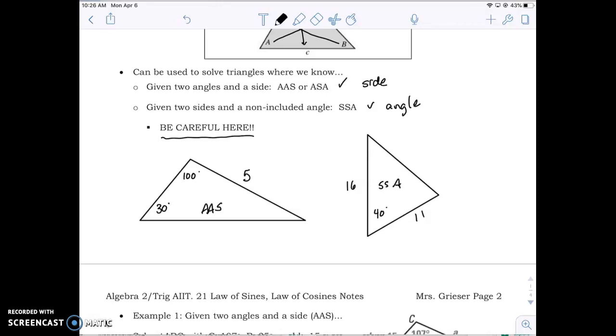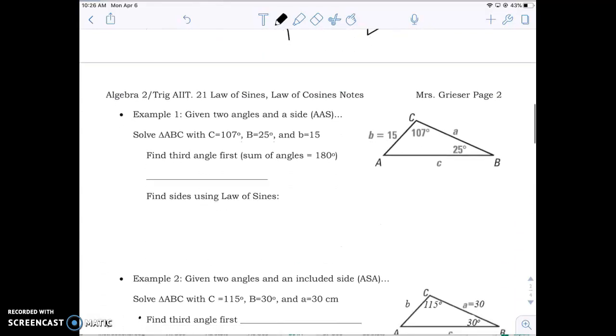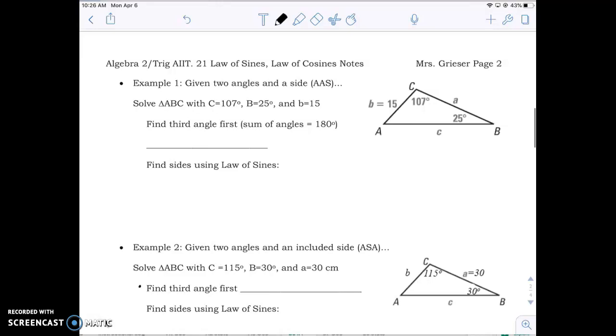Here's a question. Let's go back to this first problem. How would I find that missing angle right there without using any formulas? Just real easy. I could subtract, correct, because I know every triangle has 180 degrees in it. That's the first thing you're going to do. If I have a triangle, I have 107 and I have 25 degrees.